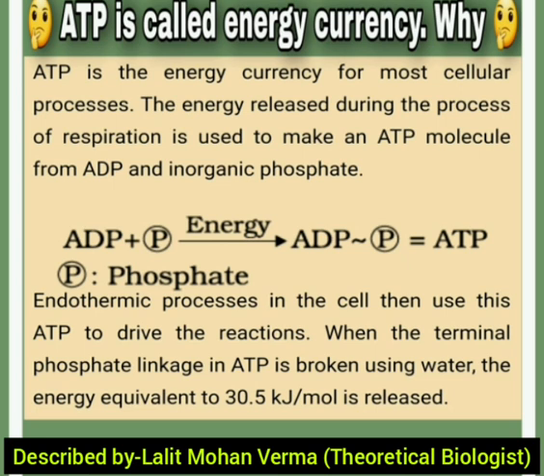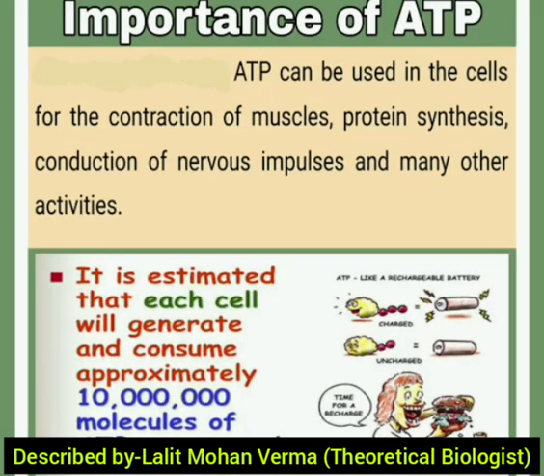So that is ATP. This is an endothermic process in the cell. When the terminal phosphate linkage in ATP is broken, using water, the energy equivalent to 30.5 kilojoule per mole is produced.